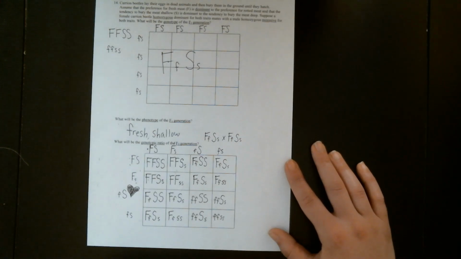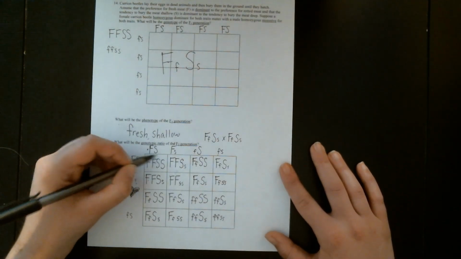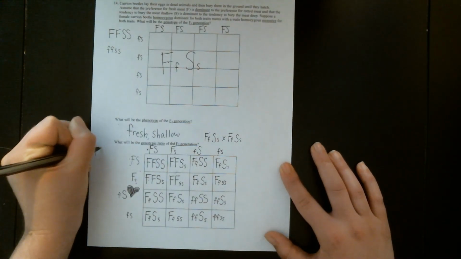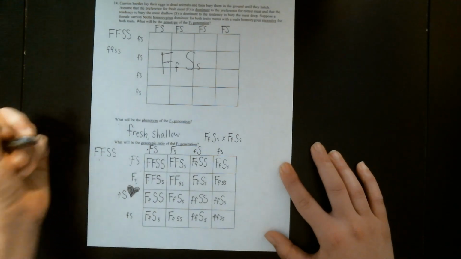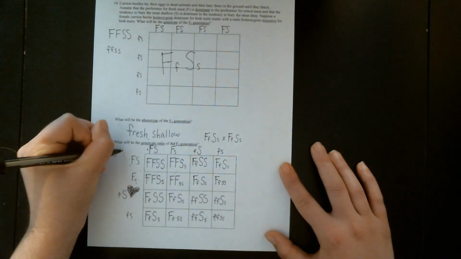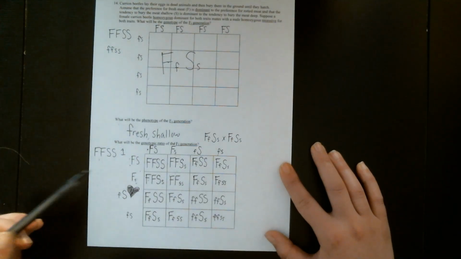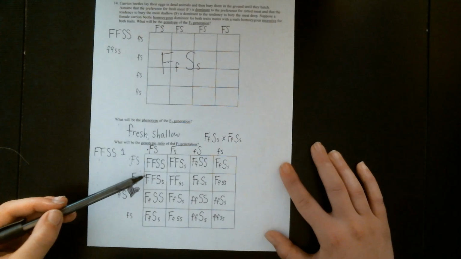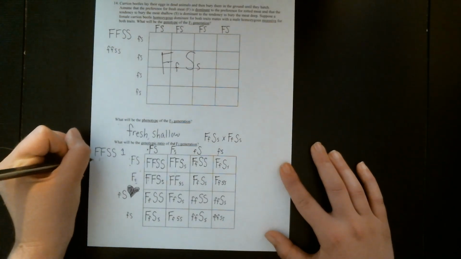Now we are going to look at what our genotypic and phenotypic ratios are. Let's write down all the different genotypes that we see. The first one we've got is big F, big F, big S, big S. And we only have one of those. That's the only one, so we'll write a 1. What's the next genotype that we can get? Big F, big F, big S, little s.